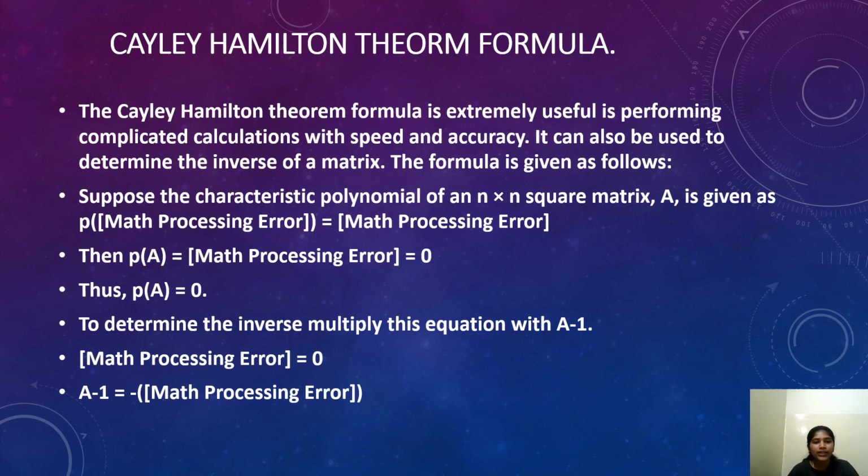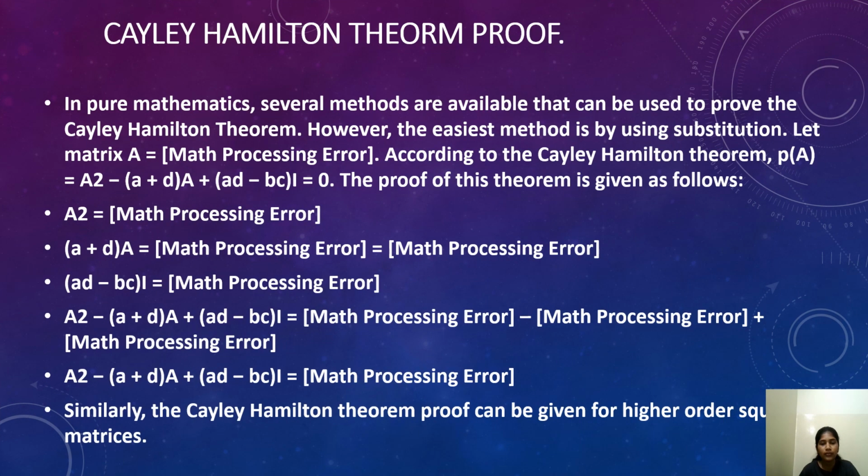Then P of A is equal to 0. Thus, P of A is equal to 0. To determine the inverse, multiply this equation by A inverse. Next, A inverse is equal to minus of the remaining terms, divided by the constant term.